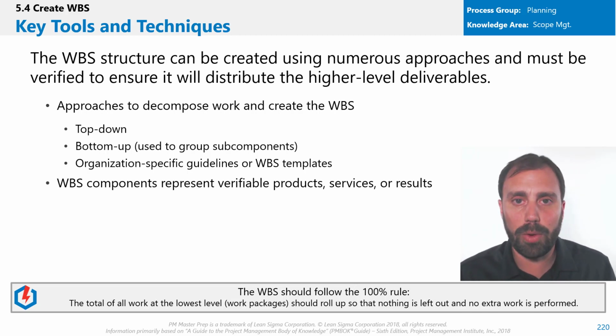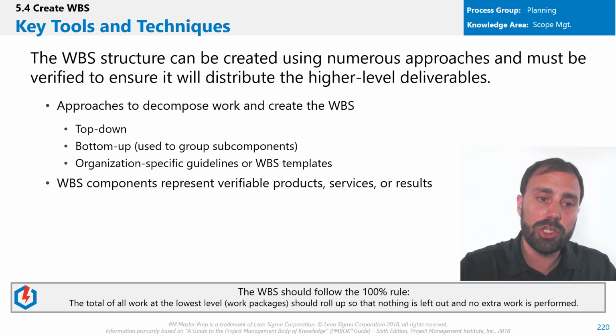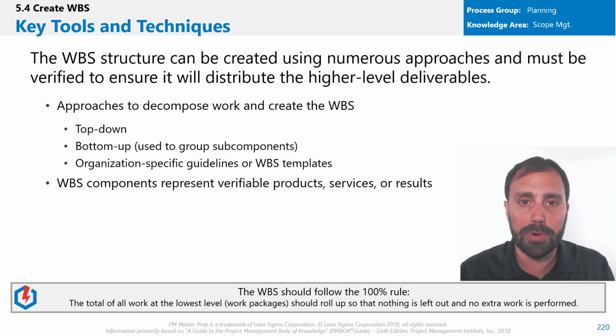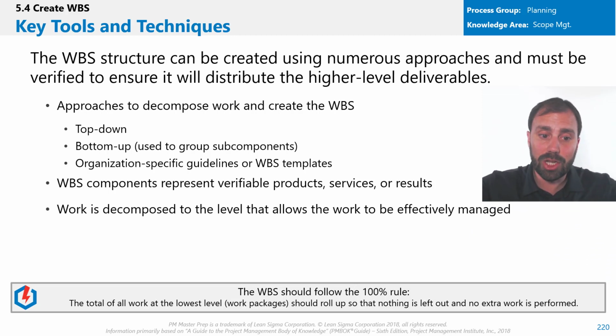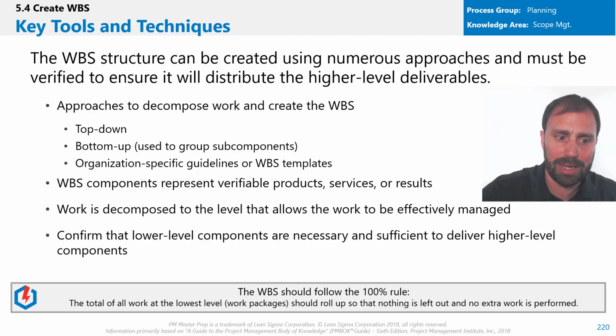All right. And so what we want to do is remember that each WBS component represents a verifiable product, service, or result. That's a big part of this. And then each level of decomposition allows the work to be managed more effectively. If it's a high level, it's hard to manage a big, wide scope. As you get down deeper toward the work package level, you can manage more effectively. That makes sense.